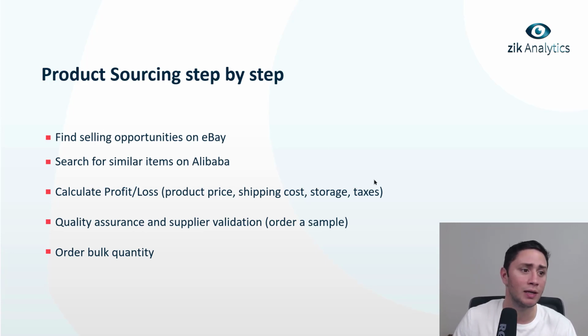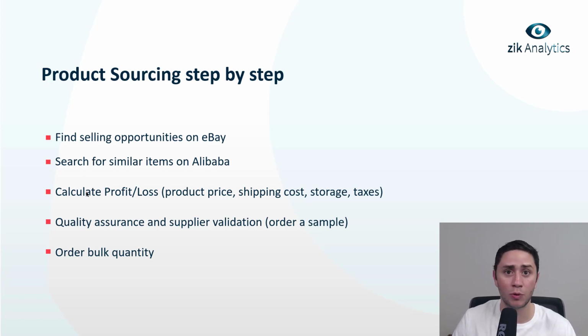You can literally screenshot this one, print it, and go through it like a checklist, one by one. Number 1, find a selling opportunity. Selling opportunity means a product with high demand and low competition. Number 2, look for a similar product with your supplier, for example, Alibaba.